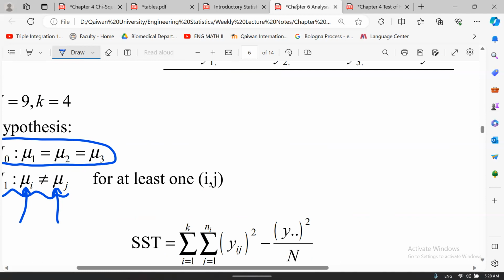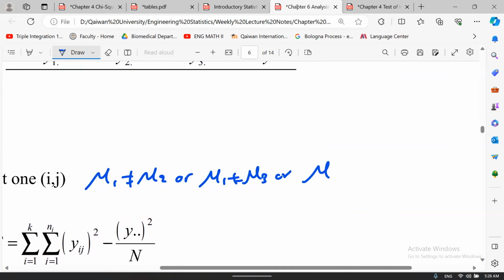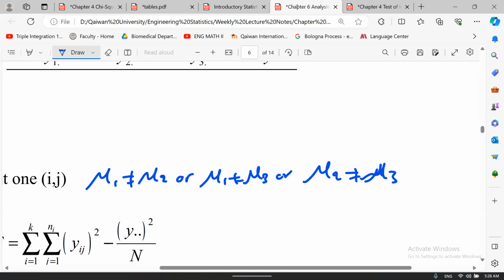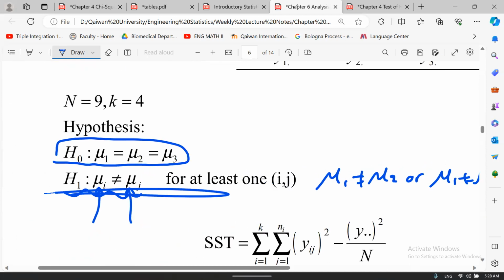Or you can say mu1 doesn't equal mu2. Or mu1 doesn't equal mu3. Or mu2 doesn't equal mu3. You can see that at least one of them is not equal. Okay? It's the same as that.